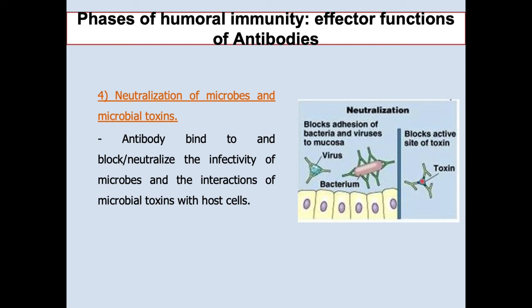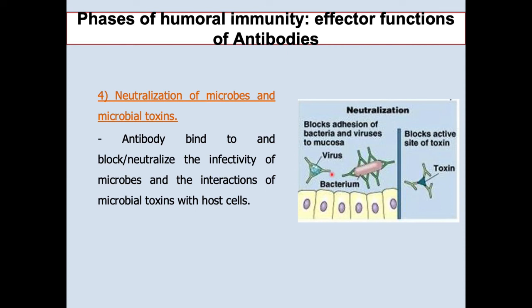For example, you have bacteria A that invades your system. The bacteria itself will release toxins that can alter the host cell composition, for example. Those antibodies can bind to the toxin as well.